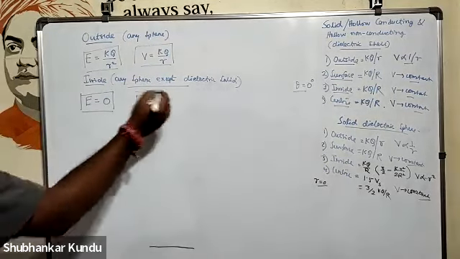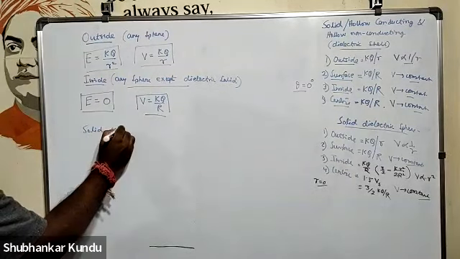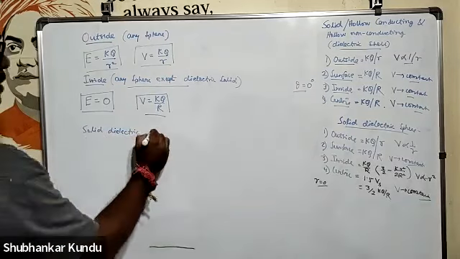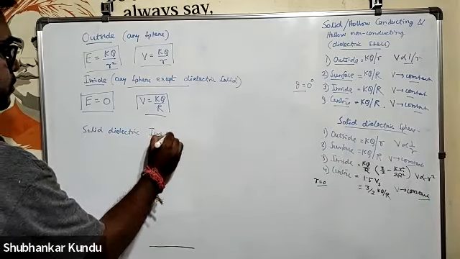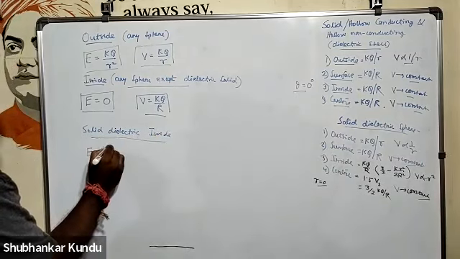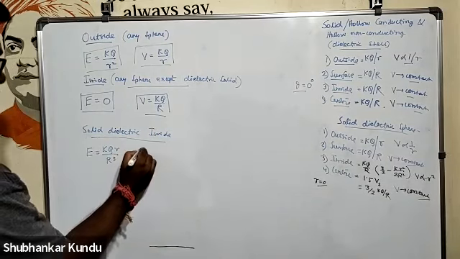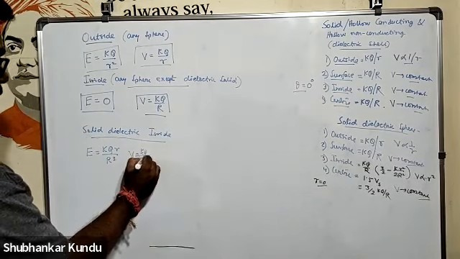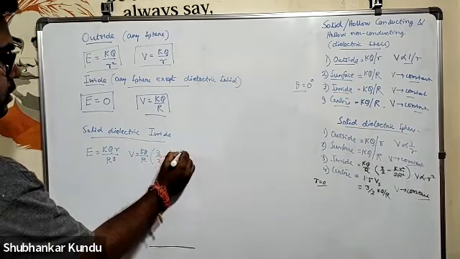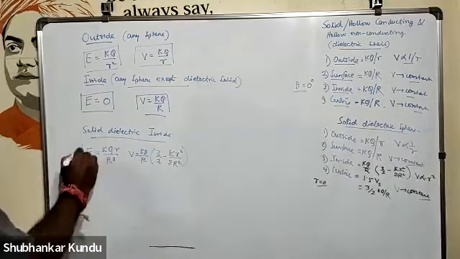And in case of a solid dielectric, inside, electric field is KQr upon R cube, and potential is KQ upon R into 3 by 2 minus kr square by 2R square.